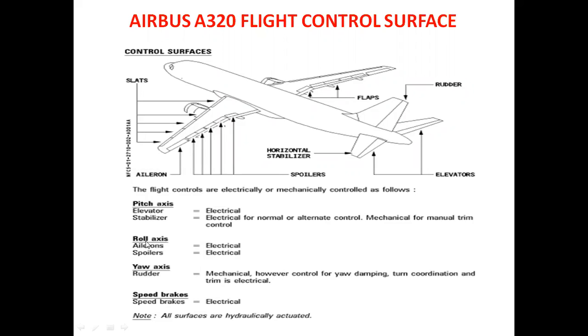We'll come to the roll axis. The aileron is electrically controlled. Actuation is hydraulic. Spoilers are also electrically controlled. Actuation is hydraulic. Yaw axis: the rudder can be controlled mechanically, but the yaw damper can be electrically controlled.